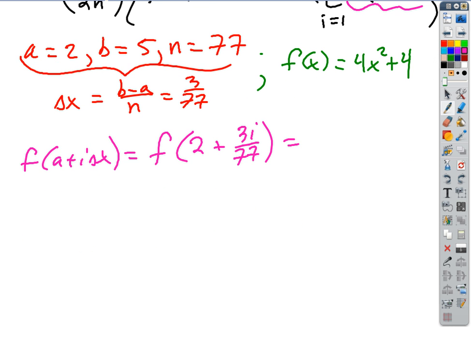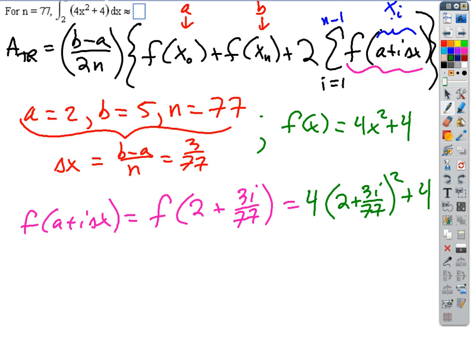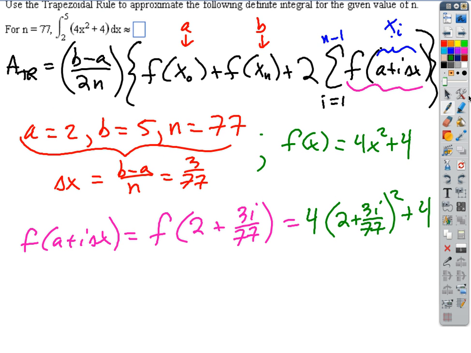So that's going to look like 4 times that quantity squared plus 4, right? Okay. So that's the stuff then that goes up there. So now we've got everything we need to rewrite our trapezoidal rule approximation for our specific area that we're approximating, right? So I'm going to take that whole thing up there, copy it and put it down here, and then we'll plug in all the stuff.